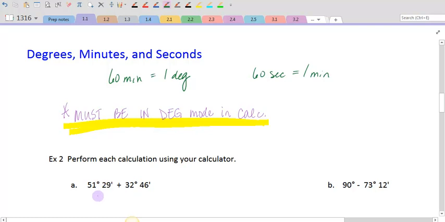So we're going to enter these things into the calculator. And one other thing I should point out, this little tick mark at the top, to the right of the 9, stands for minutes. And I'll show you in a second what the seconds look like. So this is the degree symbol, this is the minute symbol, and in a minute we'll look at the second symbol. So I want to add 51 degrees 29 minutes to 32 degrees 46 minutes.